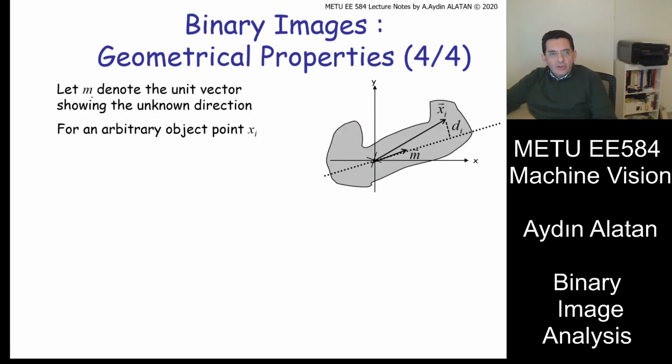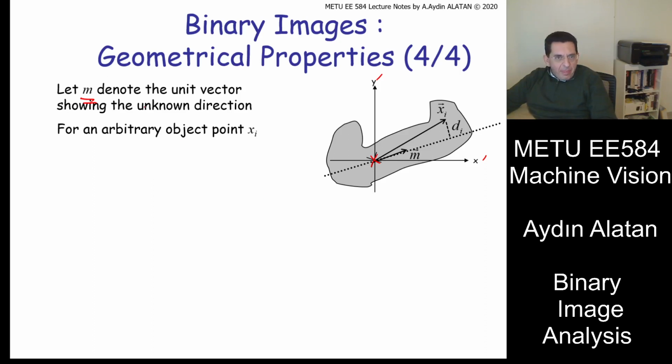Let's assume m denotes a unit vector. As you can see, I put my new coordinate system; maybe you can call it x bar, or x dash y dash. I know that the orientation line is passing through the center of mass, which is now the origin.